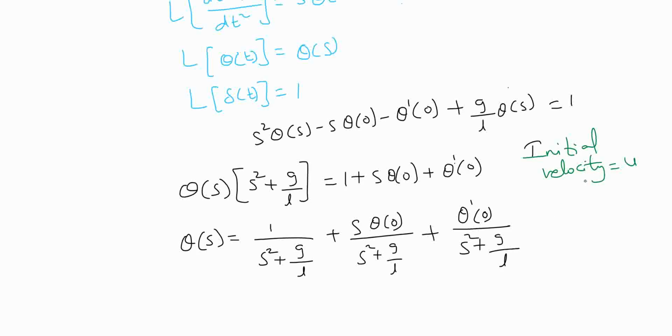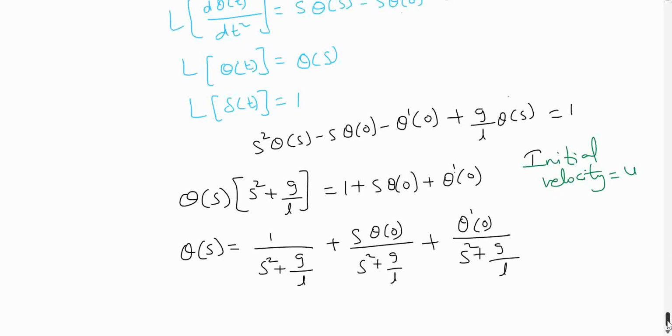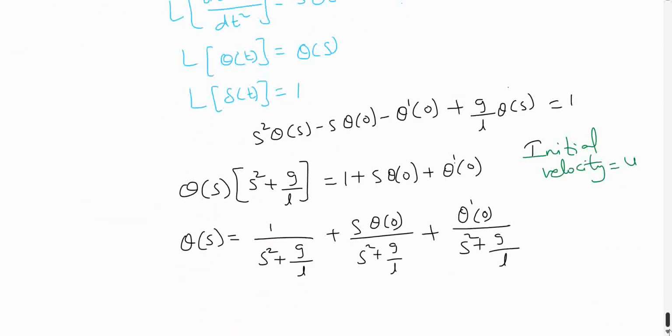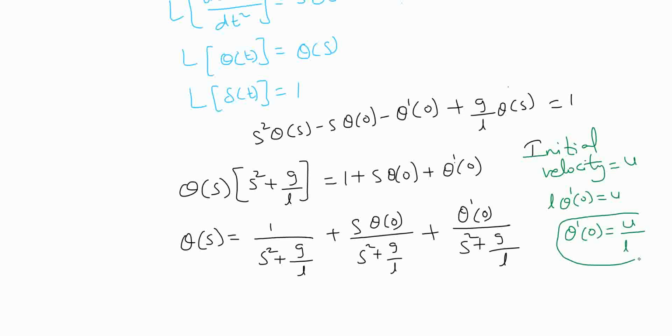So the initial velocity u is nothing but linear velocity. Let me say the length of this pendulum is L, right? So L times theta dash of 0 equal to u. So theta dash of 0 will be u by L. So this is one initial condition.